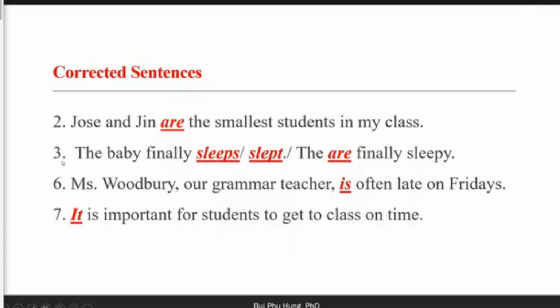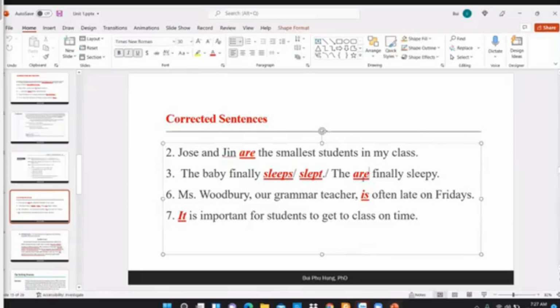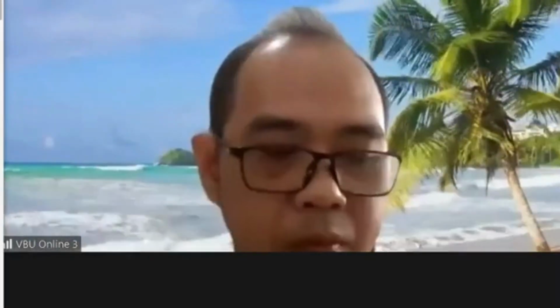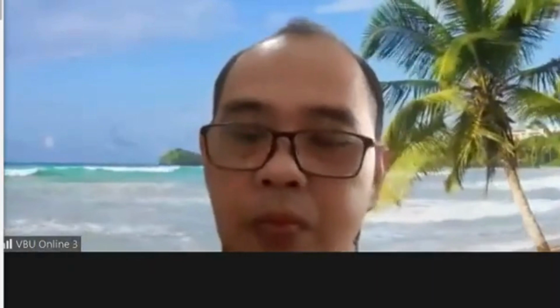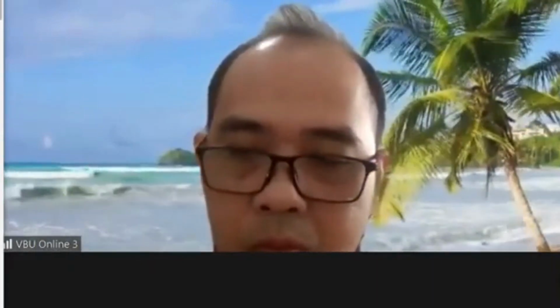So you can correct sentence 3 as following. The baby finally sleeps, or the baby finally slept, right? You can also say the baby is finally sleeping. Okay. The baby is finally sleeping.